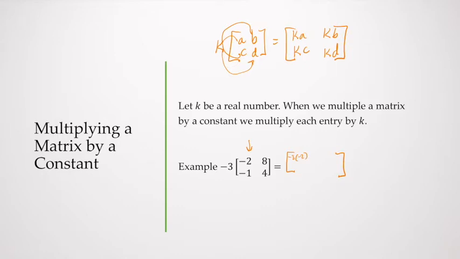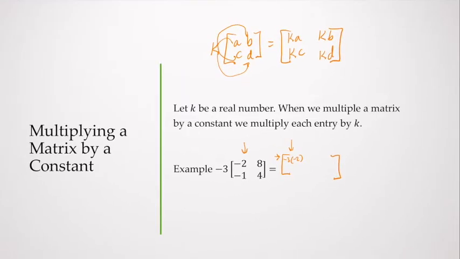So I have -3 times -2, row 1, column 1. -3 times -1, row 2, column 1. -3 times 8, right? That's going to go in my row 1, column 2. And -3 times 4, that goes in my row 2, column 2.